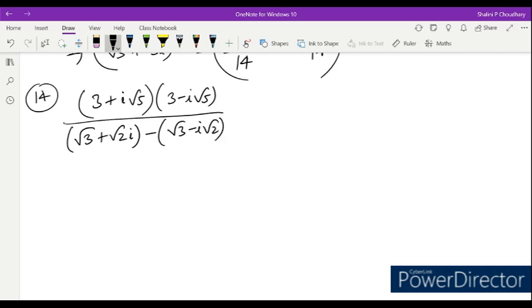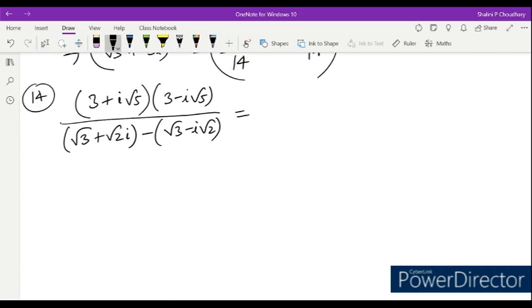Okay, so what we'll do here, see these two are conjugate of each other, so we multiply them and we'll get the square of modulus. So it will be 3 square plus square root of 5 square.